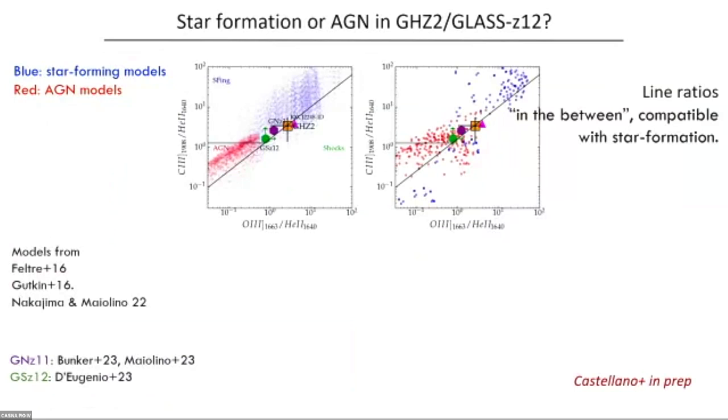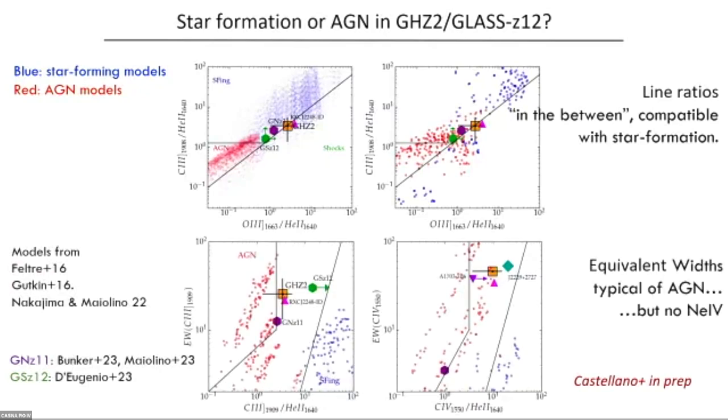In red, you see the AGN model, and in blue, the star-forming models. The orange point, which is this galaxy, sits exactly in the middle, so it's very difficult, given the uncertainties in these kinds of models, to determine which is which.